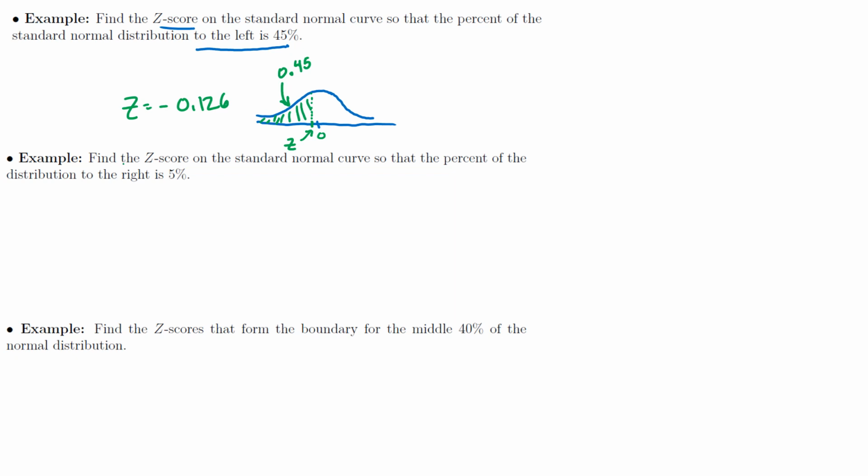All right, in this example, find the z-score on the standard normal curve so that the percent of the distribution to the right is 5%. Okay, so we are looking for the z-score that gives us a picture that looks kind of like this.